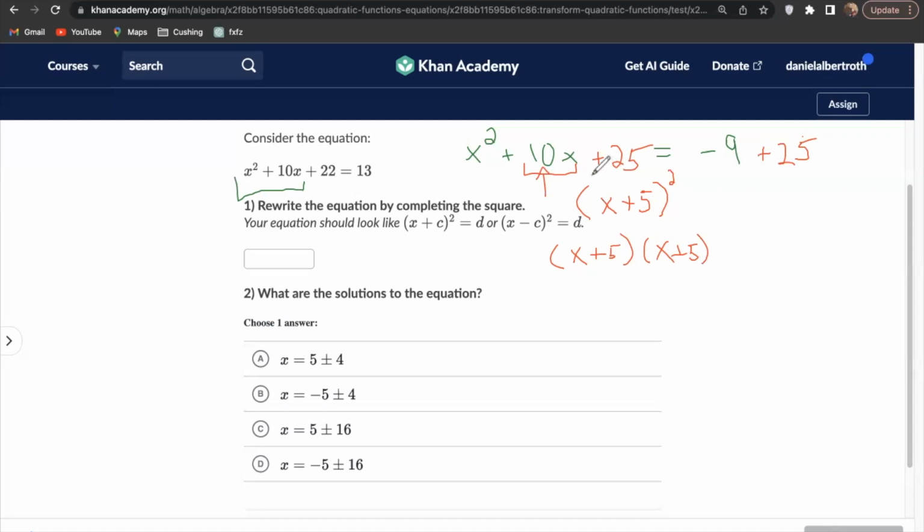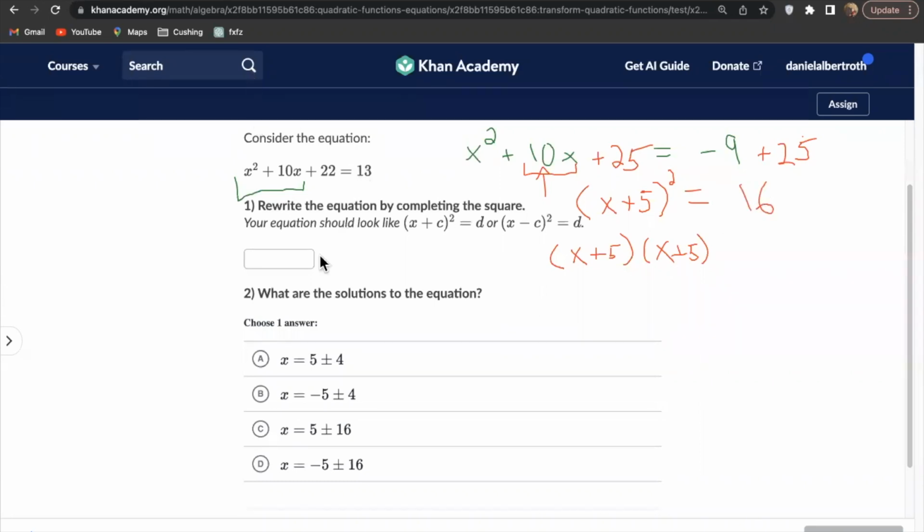So what we're doing with completing the square is taking one side and making it easy to factor in this form of x plus or minus something, squared. In this case, we've gotten it to (x plus 5) squared. It's always going to be half of the b term, half of your middle term. And on the right side, this equals negative 9 plus 25, so that is positive 16.